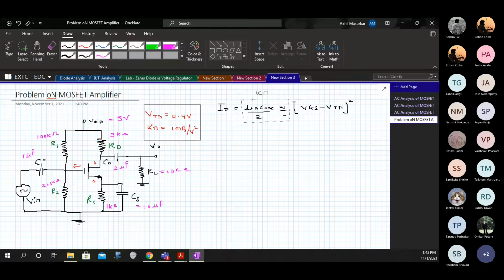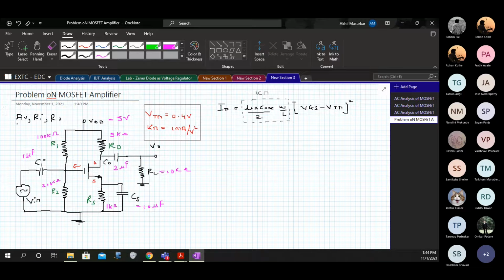So what is given to us is this. Don't write it here as Kn, right? Don't write 1 milliampere per volt square by 2. This entire thing that is given to us is 1 milliampere per volt square. So what we have to calculate is AV, RI and RO.